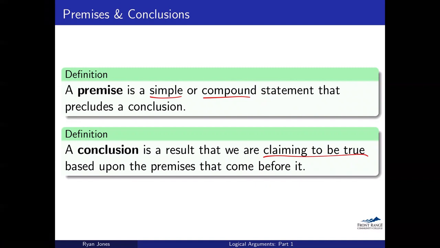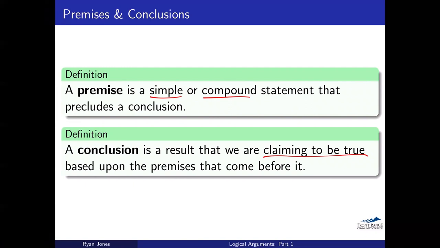We have a bunch of statements about a movie that we watch, and you come to a conclusion about that movie based upon those statements that came before. The key thing to remember here is that for this conclusion, you're claiming that it's true, and then our job is to figure out whether it's valid or invalid, whether that's true or not.